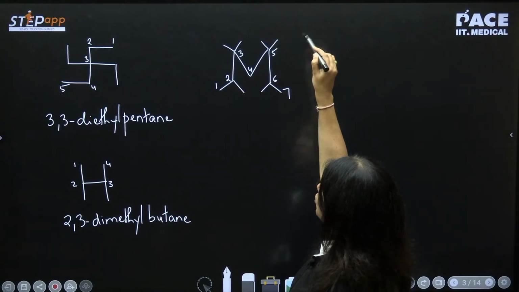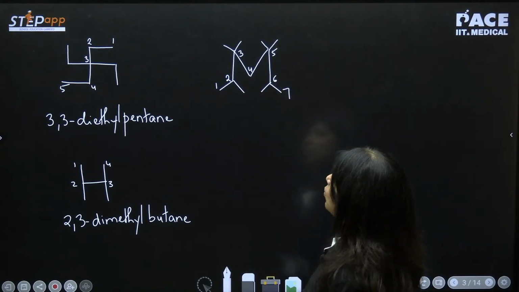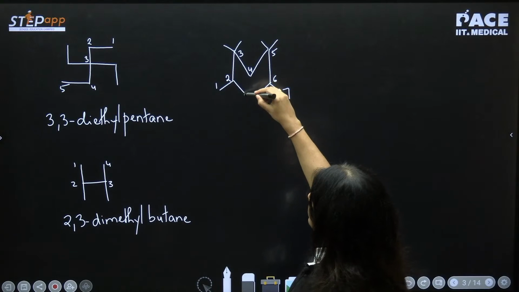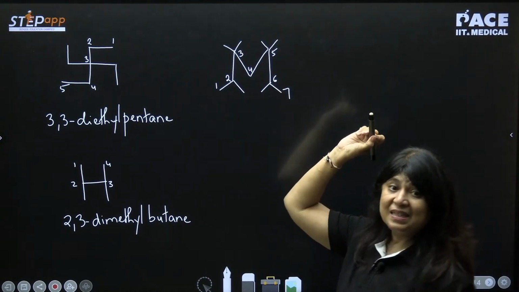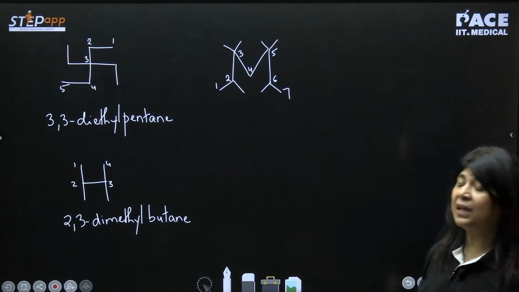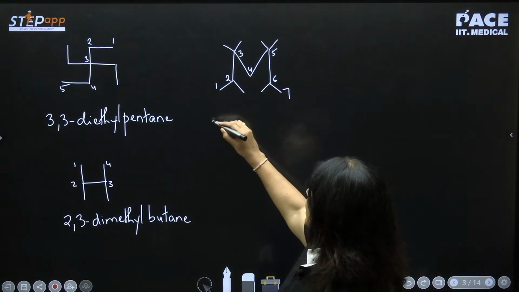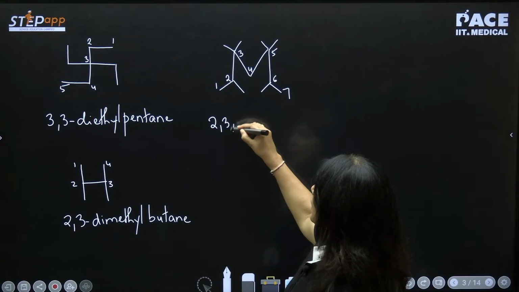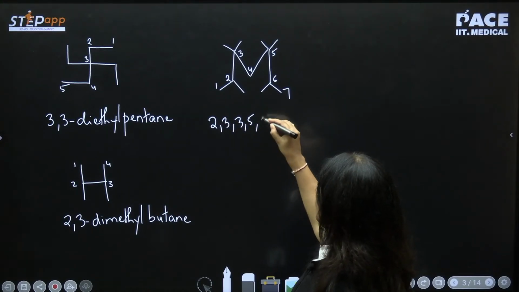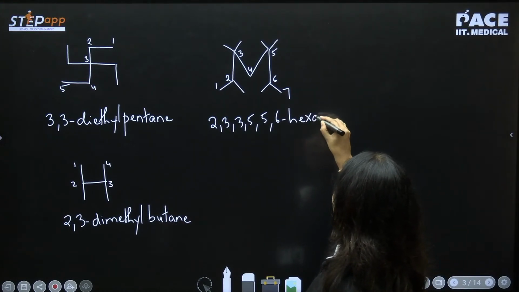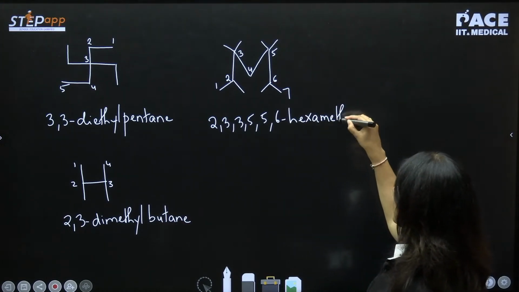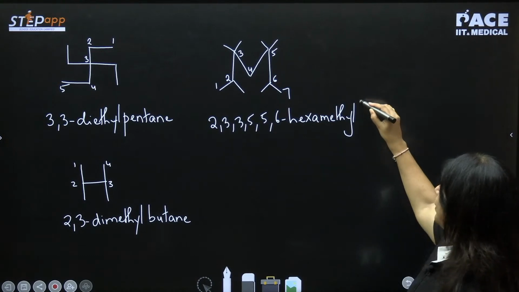Fifth carbon again has 2 branches, and sixth carbon has 1 branch. So in all there is 1, 2, 3, 4, 5, 6 methyl groups as branches. So I'm going to name this as 2, 3, 3, 5, 5, 6 hexamethyl heptane.